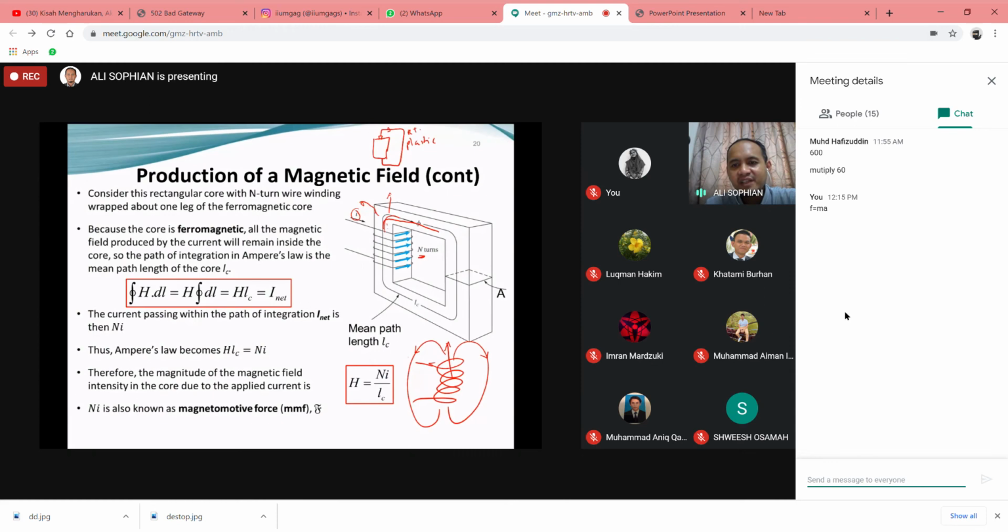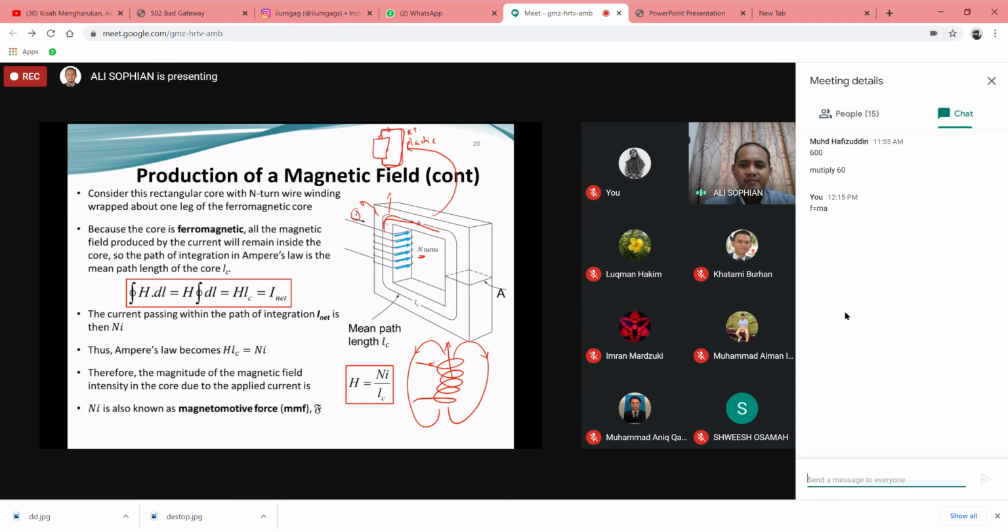Because this ferromagnetic core presents itself as a low resistance path to the magnetic flux, in a similar way as a copper wire presents a low resistance path for the electrical current. So they work in a similar way, for both the electrical current and the magnetic flux.